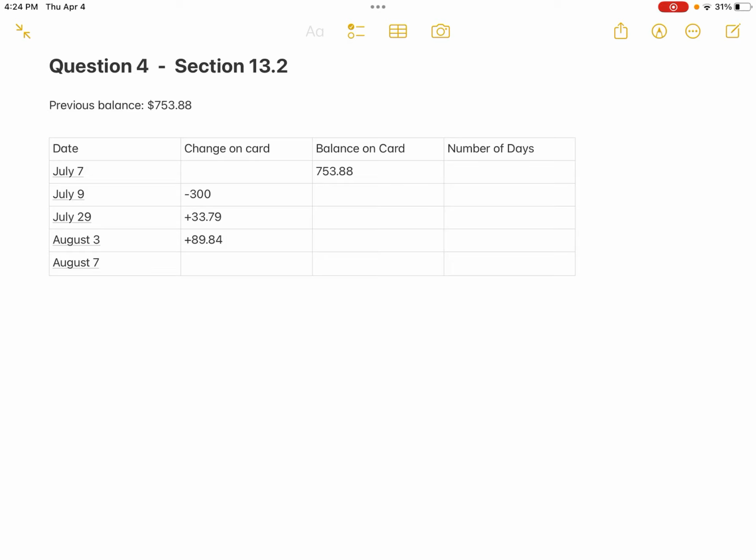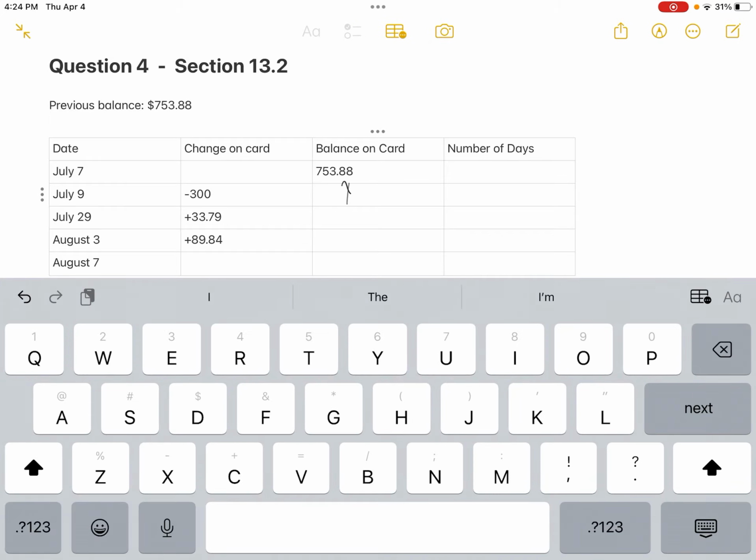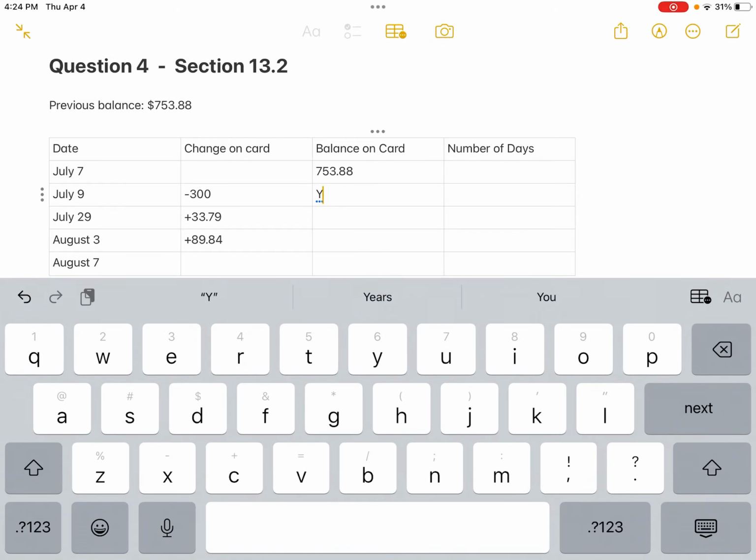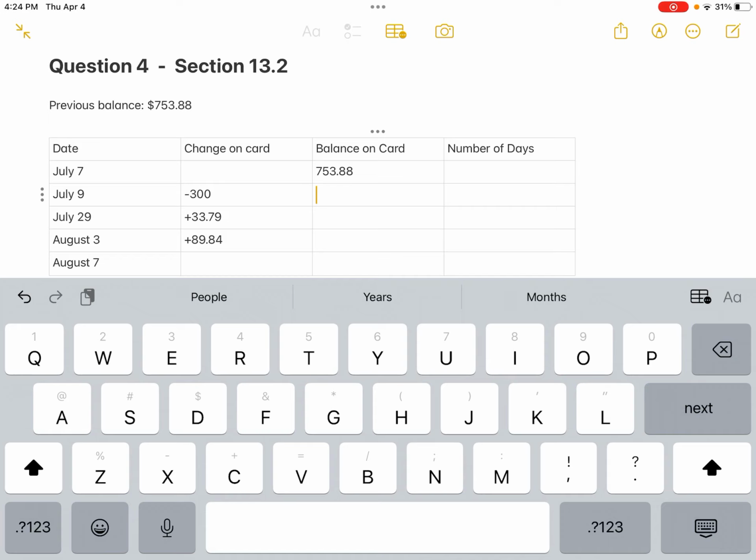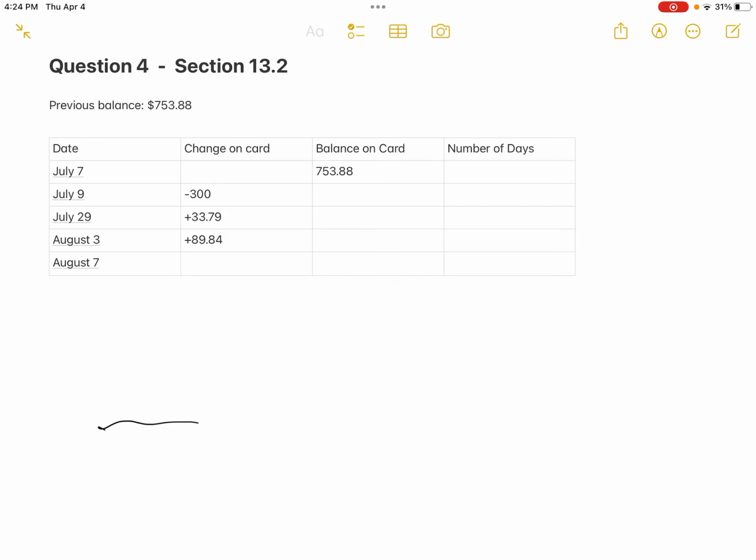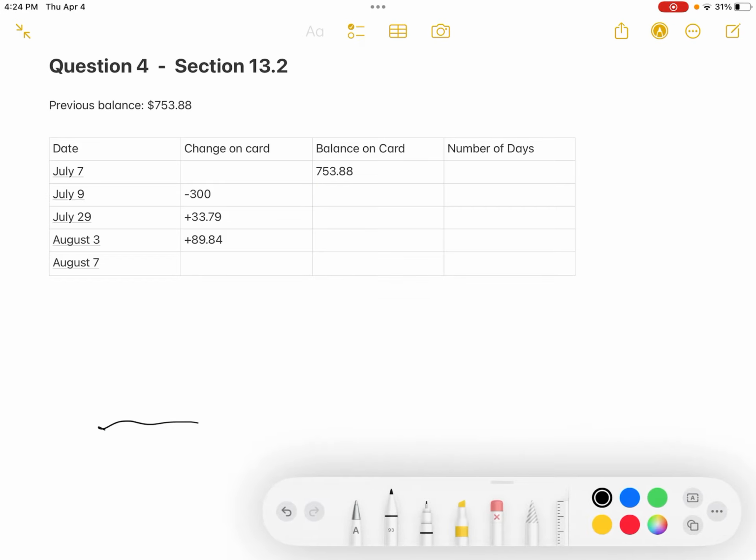So if you look at your problem number 4, you know that the billing date was July 7th and we had a balance forward of 753.88. That 753.88 is reflected up here in that table, in that beginning balance, right?